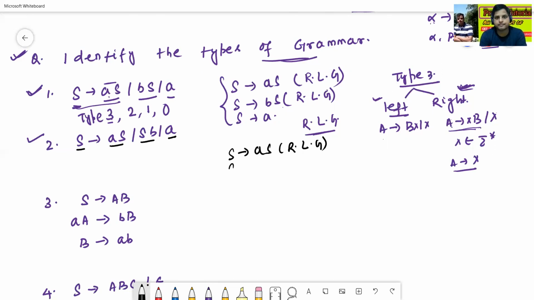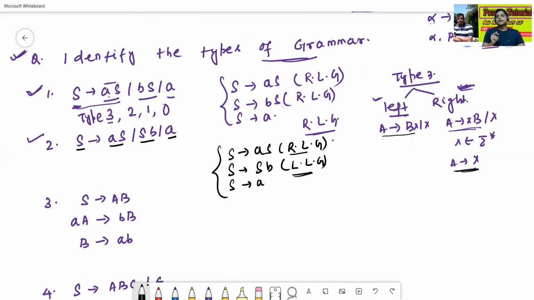A to SB generally satisfies left linear grammar. Then A to A satisfies the A to x form. But remember one thing, this grammar contains both right linear as well as left linear grammar.